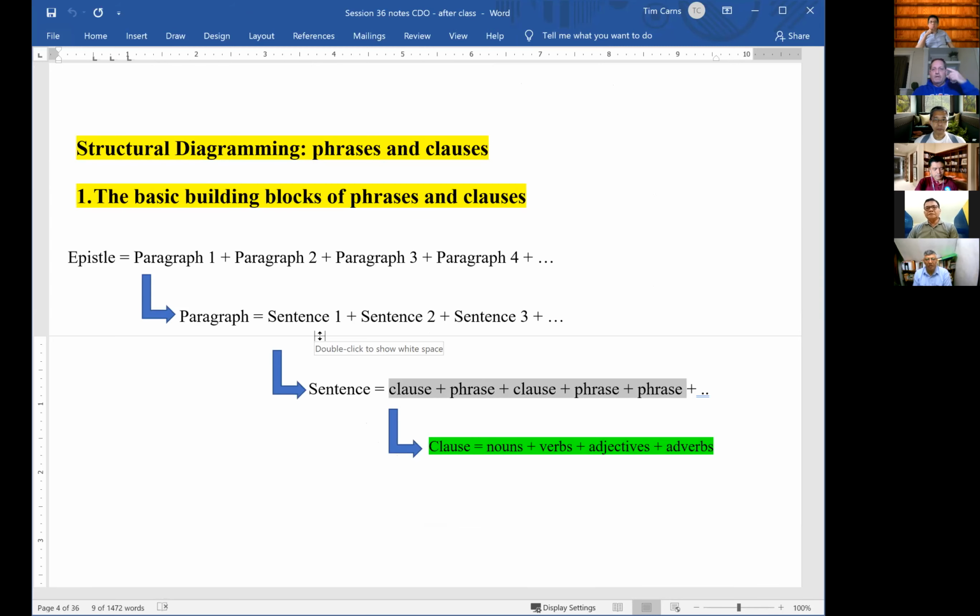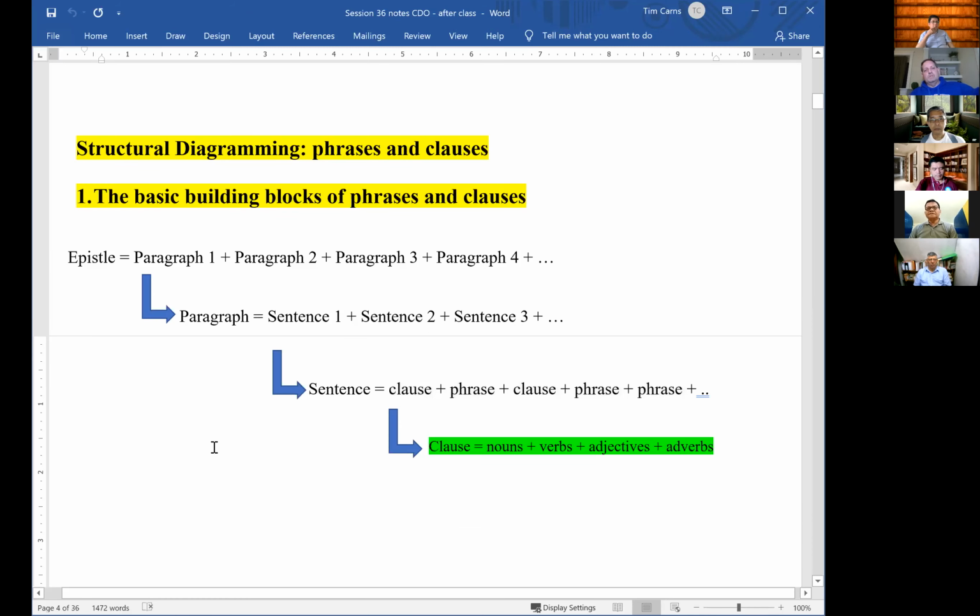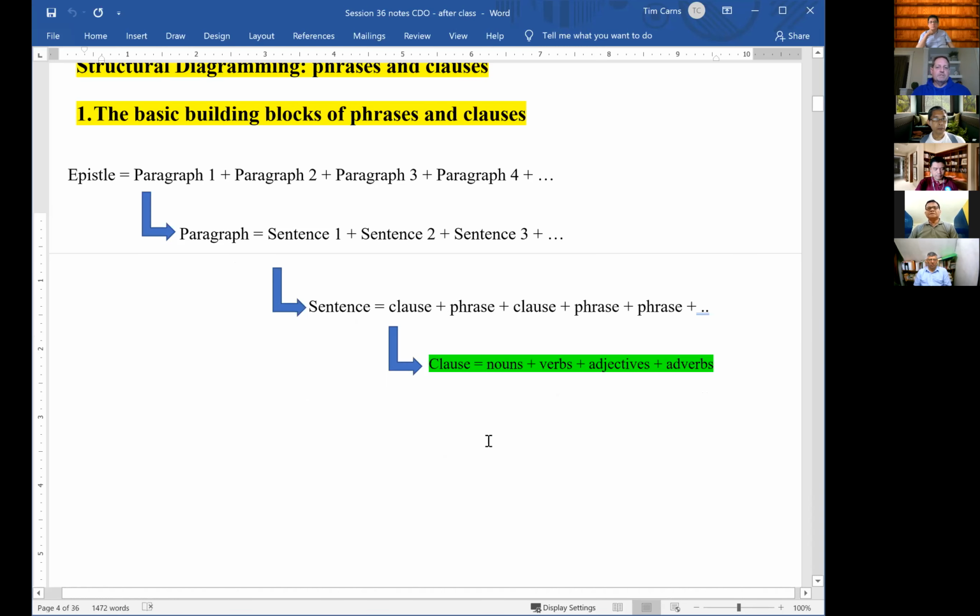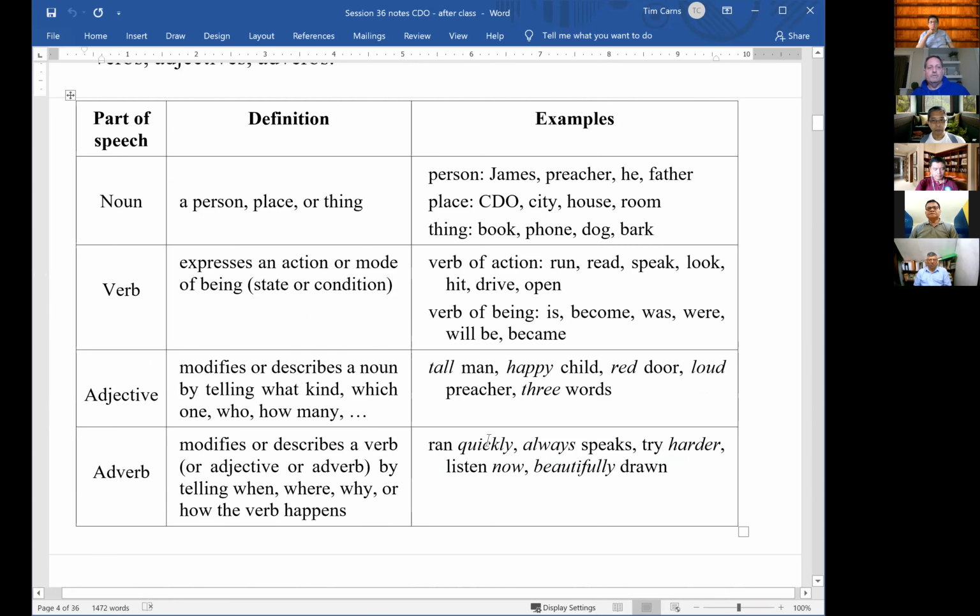All right, so it goes both directions. We need to see from the top down and from the bottom up. All right, so before I was showing you from the top down. Today and last week, I want to show you from the bottom up. Okay, that's why we focused our attention last week together on these building blocks of the clause or the phrase.